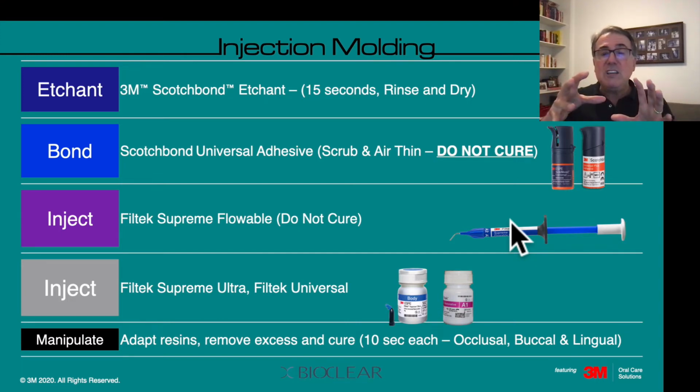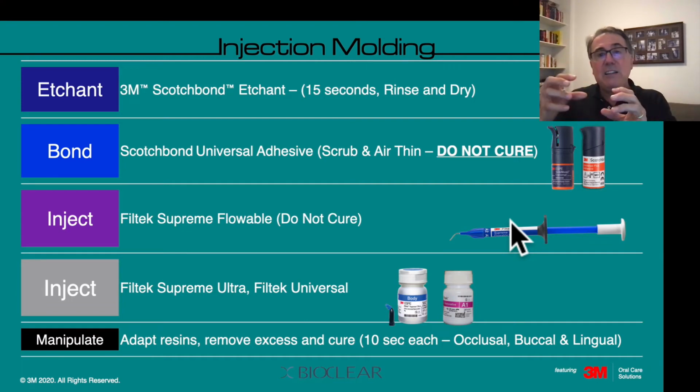The purpose is to do something similar to what we do when we take an impression with a heavy material and then a light material. Okay, it's somewhat the same idea. You start by placing the less viscous material.